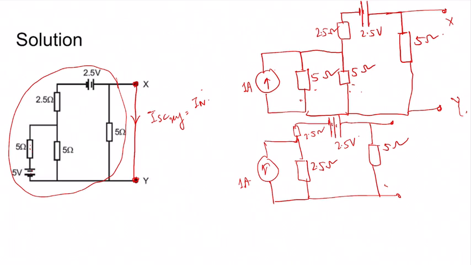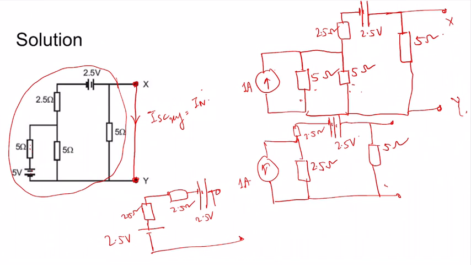This can be converted back to a voltage source in series with an impedance. So IR, 2.5 volts in series with 2.5 ohms, in series with 2.5 ohms, and we have 2.5 volts and 5 ohms.